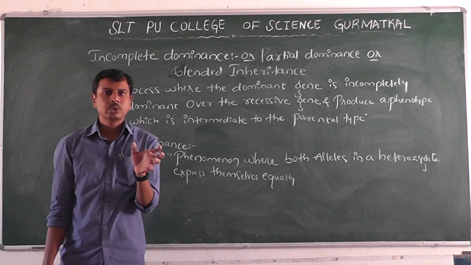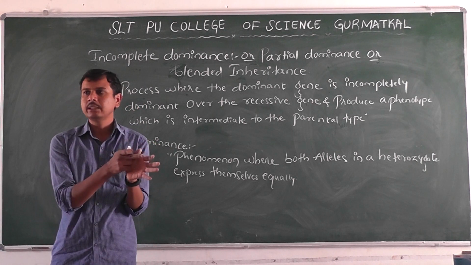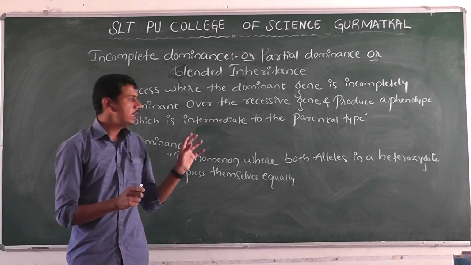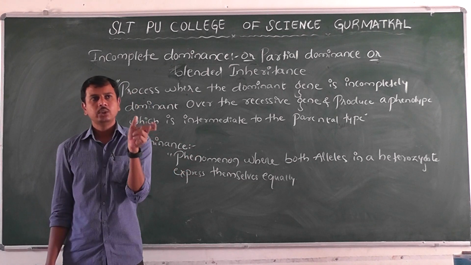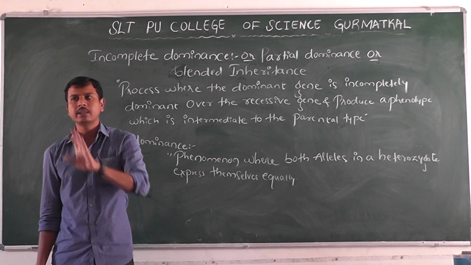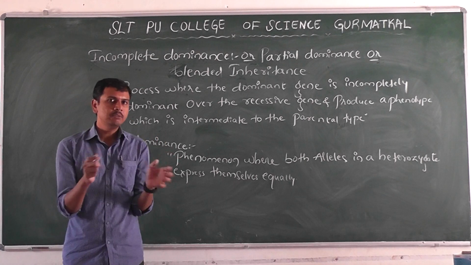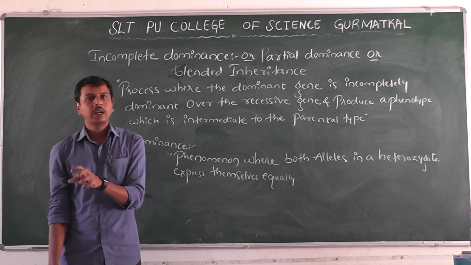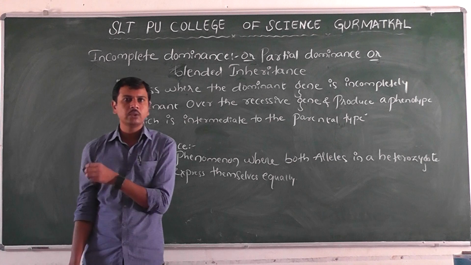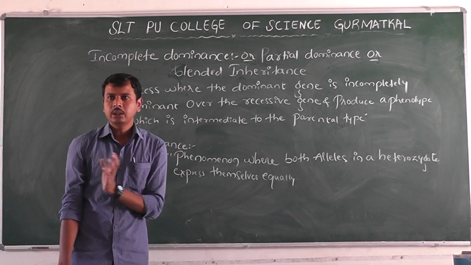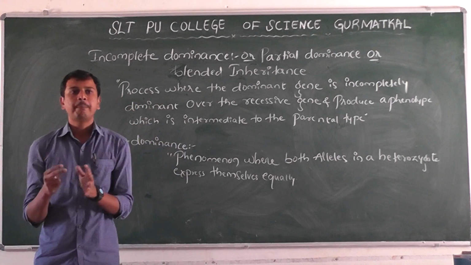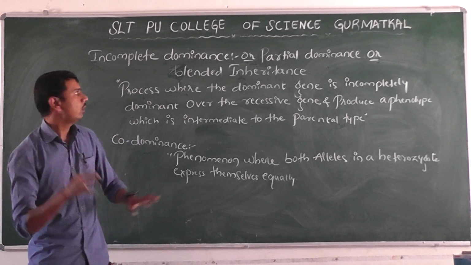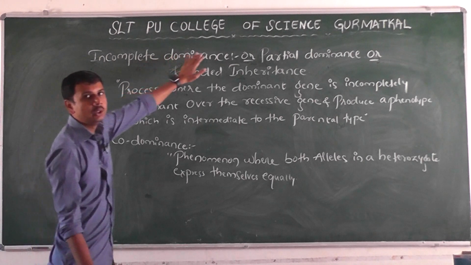In the monohybrid cross, one acts as dominant and another as recessive. Here the dominant gene fails to dominate the recessive gene. That is the reason we do not get either the dominant or the recessive in the F1 generation. Apart from those two, we get the intermediate. That is what we call incomplete dominance.